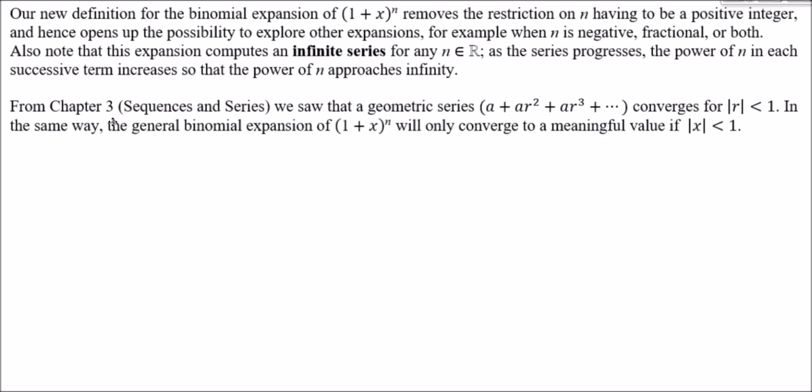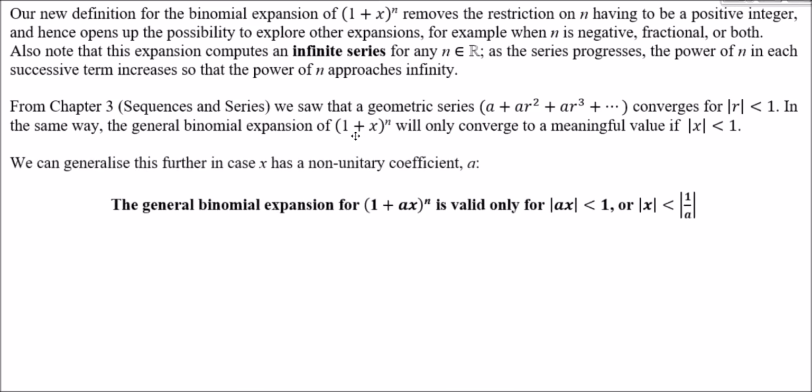So in the same way, this generalized binomial expansion for (1 + x)^n will only converge to a meaningful value if the magnitude of x is less than 1. If the magnitude is less than 1, it will converge to the actual value of what we're expanding. If not, it will diverge off to infinity. So that's the restriction we need to be mindful of when using this binomial expansion.